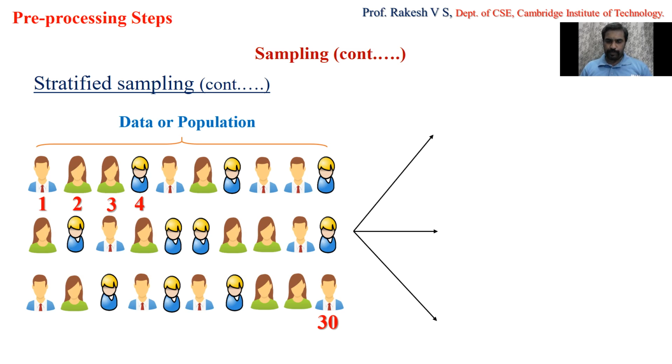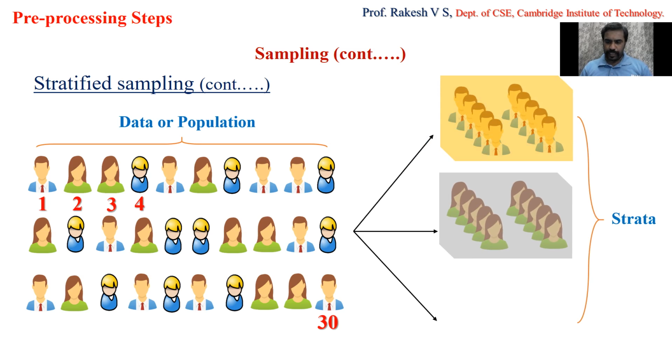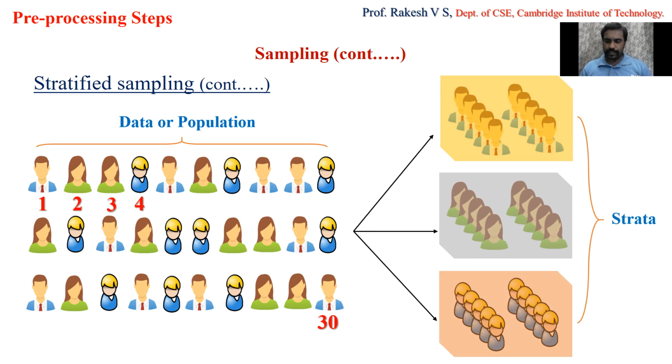The first group or first strata will consist of only males, the second strata will consist of only females, and the third strata will consist of children. So this is how stratified sampling begins. When we classify the objects into several groups, we call these groups strata, and the process is said to be stratification.